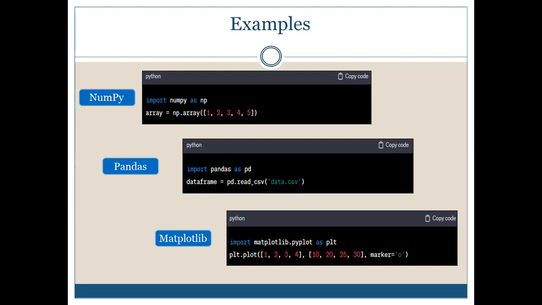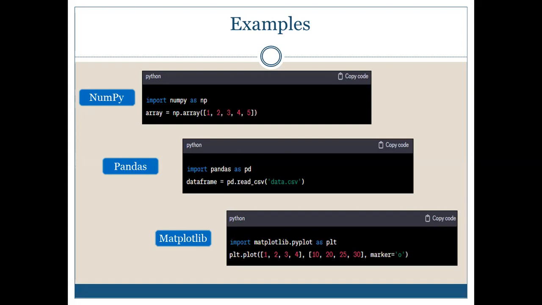So moving toward the last one, which is Matplotlib. The library is used for plotting. So first we import that library and then we provide different kinds of data on which we want to perform different functions and then plot that data.